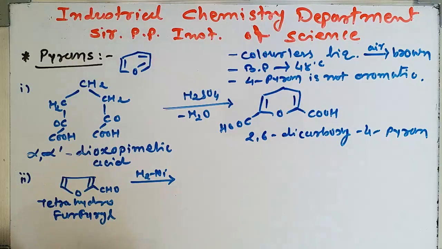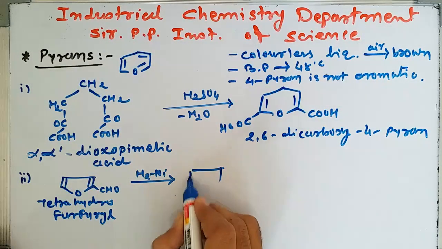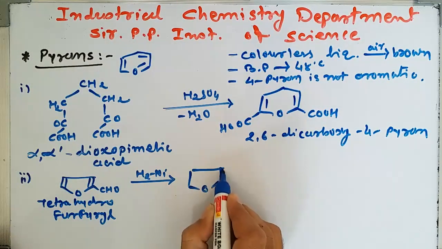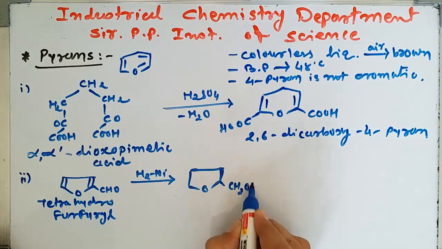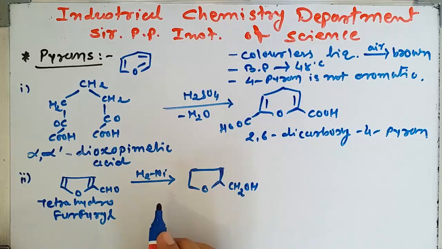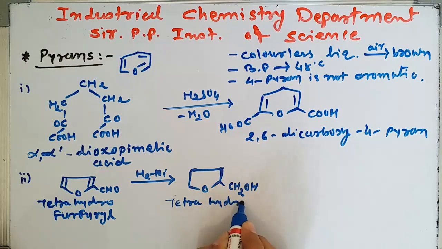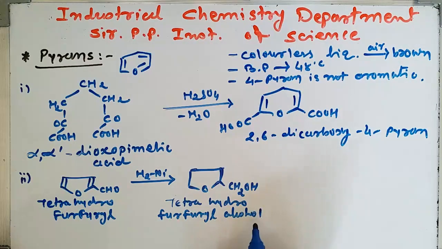Reduction takes place, so CHO is converted into CH2OH, giving tetrahydrofurfuryl alcohol.